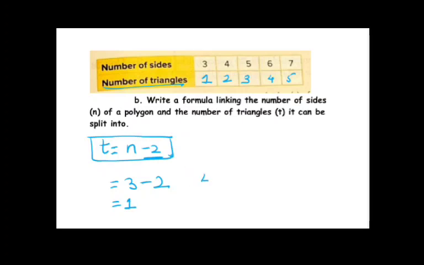If I subtract 2 from 4, I will get 2 triangles. 7, if I subtract 2, number of triangles that I get is 5. So this is a constant formula to get the number of triangles. So number of sides minus 2 will give you the number of triangles that exist within the shape.